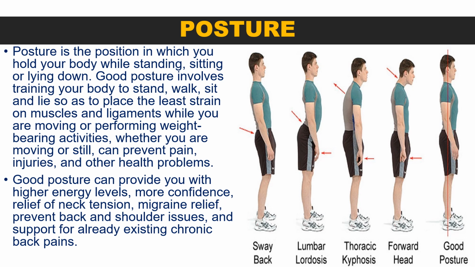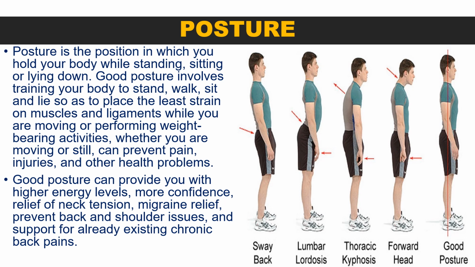So posture is how we stand, how we talk, how we speak, how we walk. These are the muscle alignments of our body. Good posture will provide you high energy levels while speaking, standing, and walking.